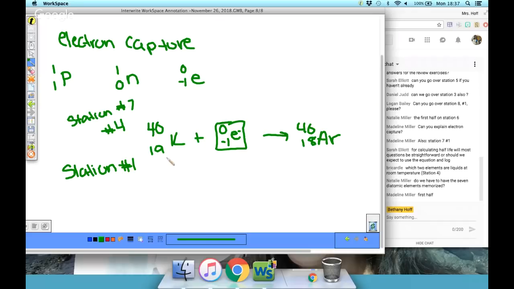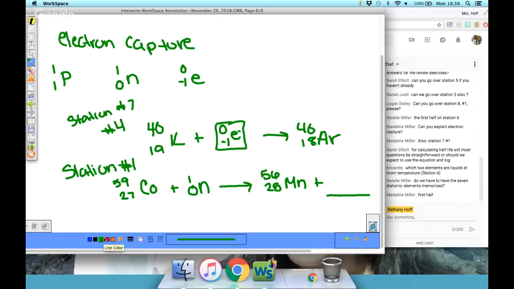Okay, cool. So if you are given this problem, we are given 59, 27, Co, plus 1, 0. So a neutron comes in and hits that cobalt. We produce 56, 25, manganese. And we want to figure out what's being produced right here.